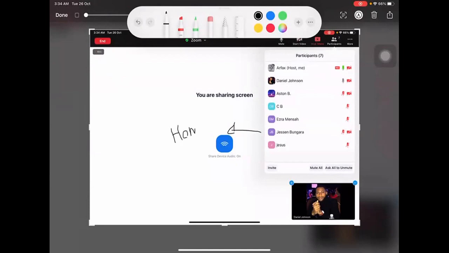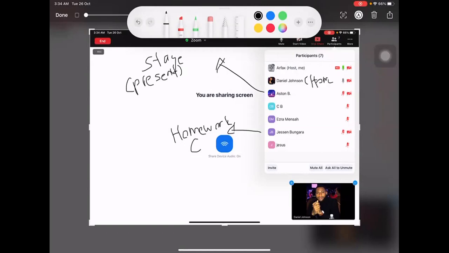Let's see. Stage 3. Homework. Daniel, homework A. Later I will give the example.